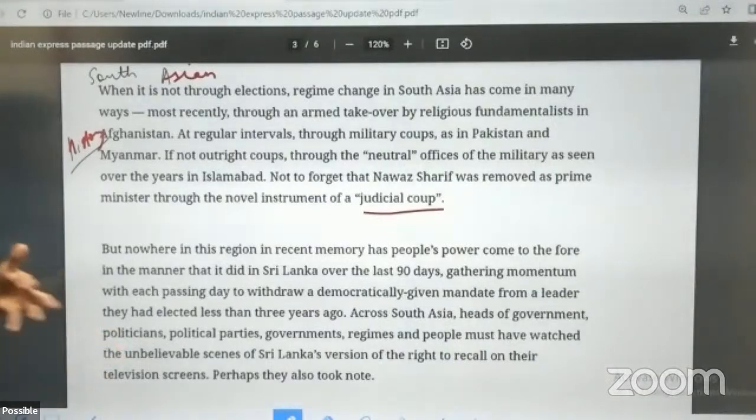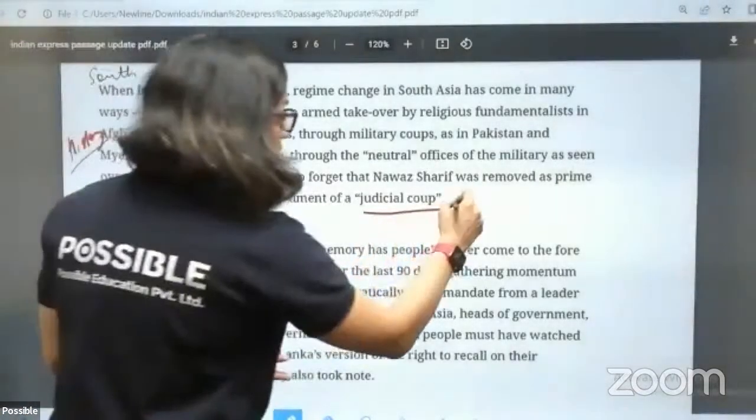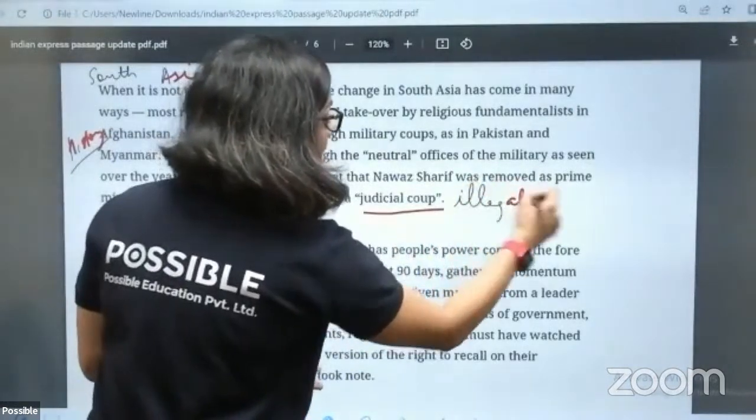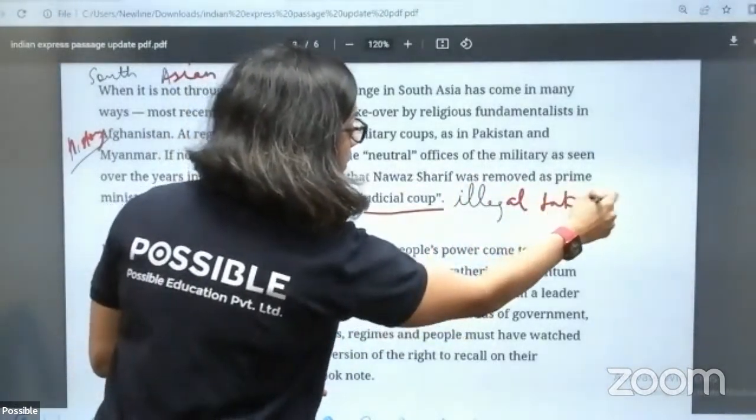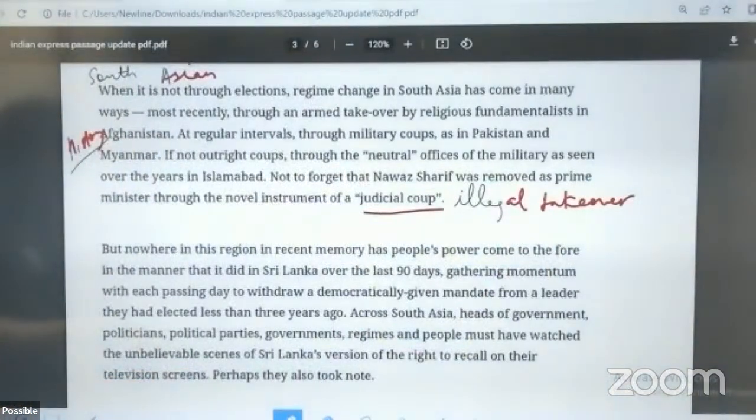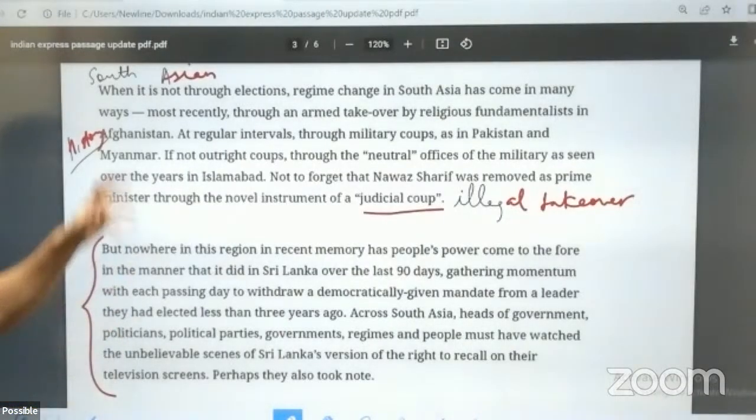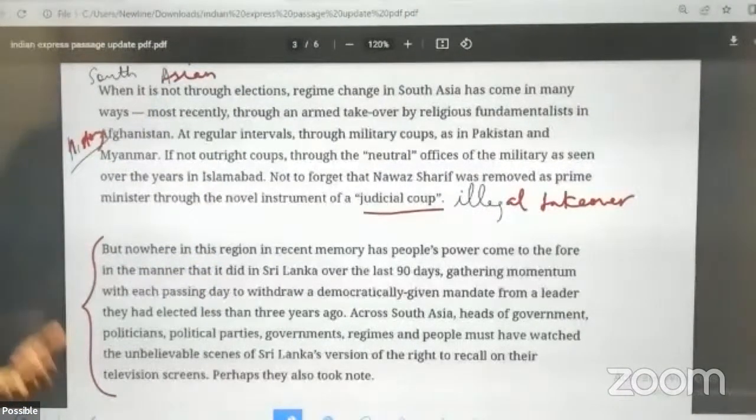A coup is an illegal takeover, right? A coup is an illegal takeover. And the author says in the fourth paragraph that no one would have imagined that such a regime change or overthrowing of the government will be done by a joint public. So the author takes you through the history of the region where there have been troubles and people have removed their government. So this history also comes in.